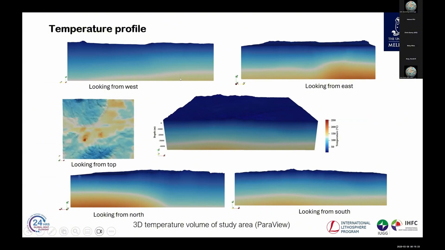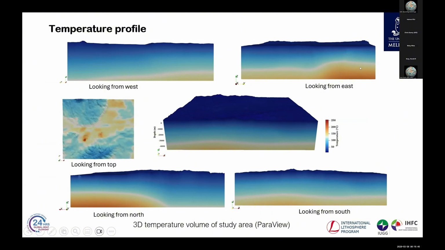And this is looking at visualizations of temperature from different directions. For example, looking from the west, temperature is slightly different even though the depth is the same. Looking from the east, temperature is slightly increasing in this direction.